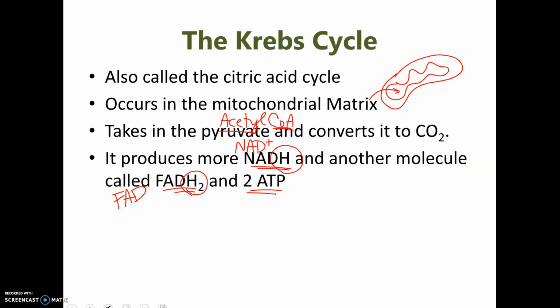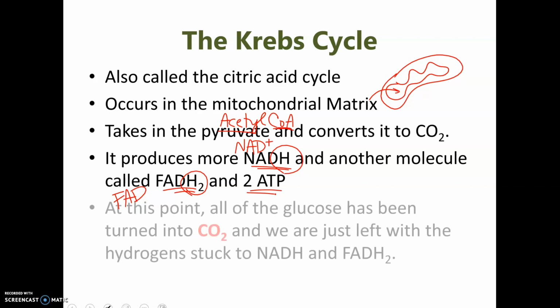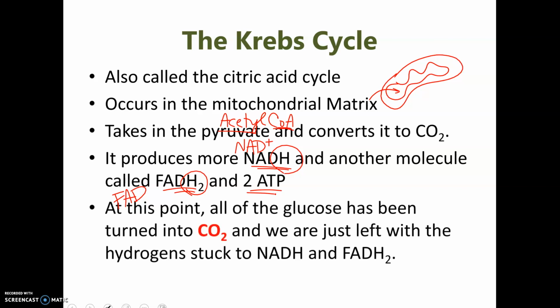Now, I don't know if you remember, but glycolysis made a net of 2. So now we're up to 4 ATP that we've made for glucose. So at this point, at the end of this cycle, all of the glucose that entered, C6H12O6, has been converted into carbon dioxide.